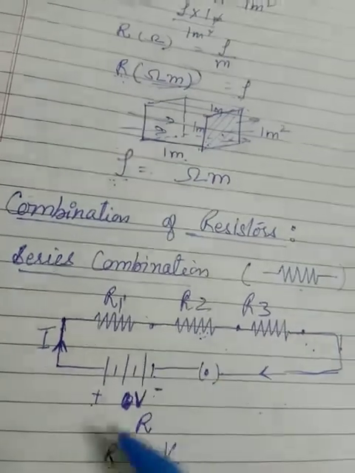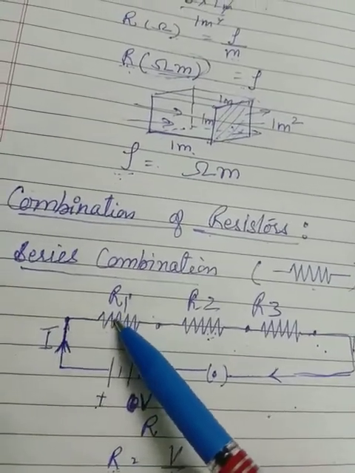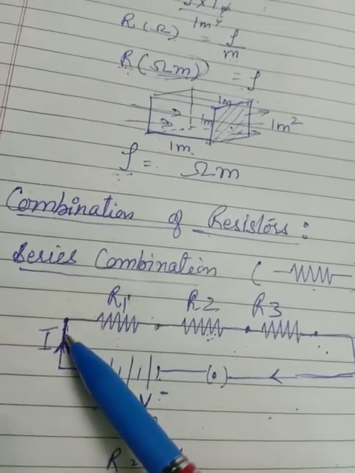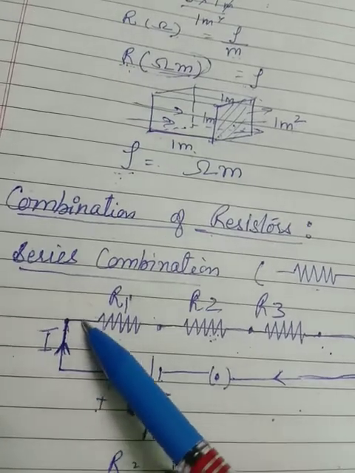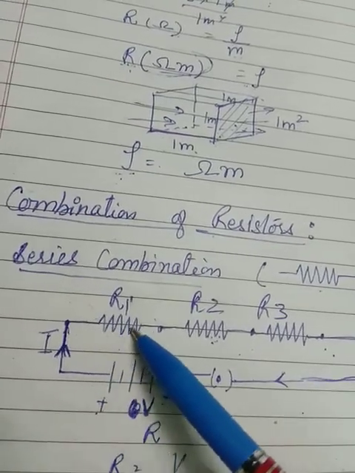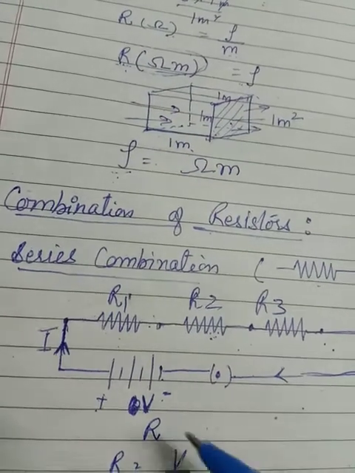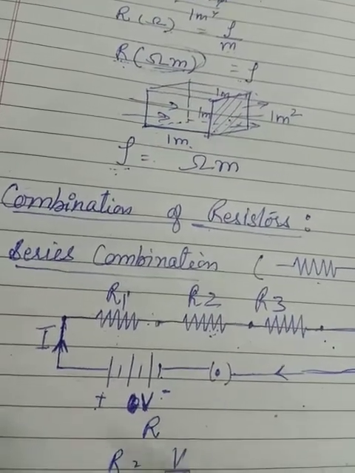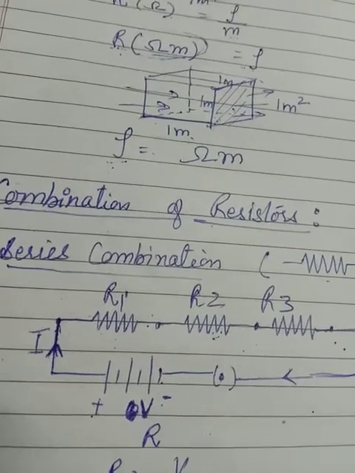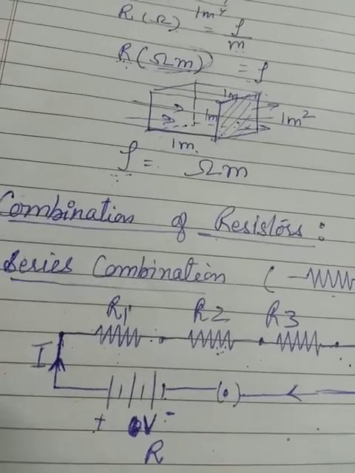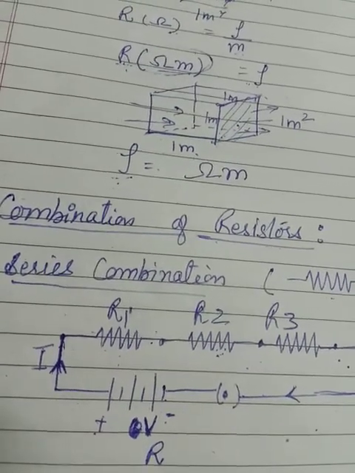Now, whenever your current starts moving through the first resistor, it opposes the flow of current. It means that whatever energy it has got, it loses some of the energy to cross this first resistor. As an example, whenever you go upstairs, every time you lose some of your energy, because some of the energy is consumed to move through the stairs, as stairs act as obstacles.